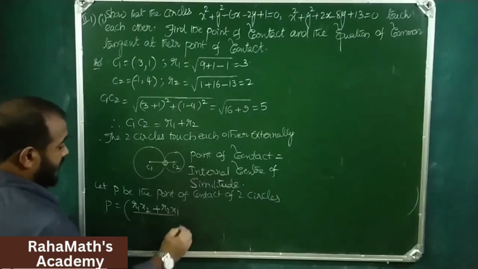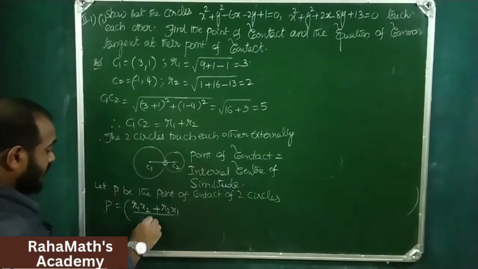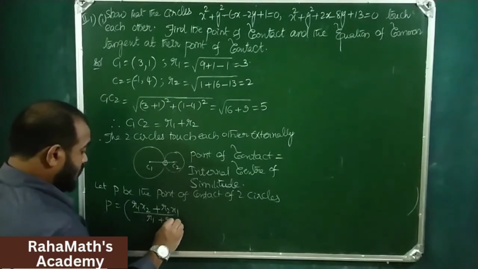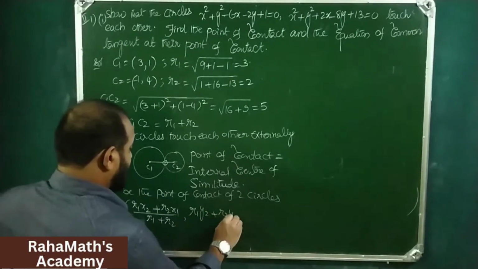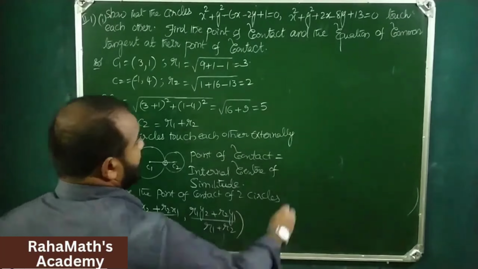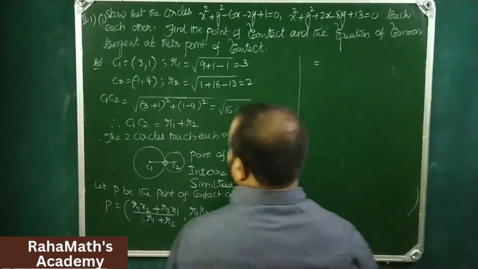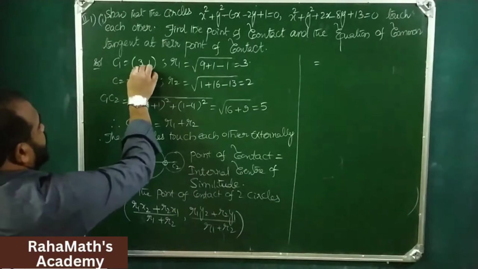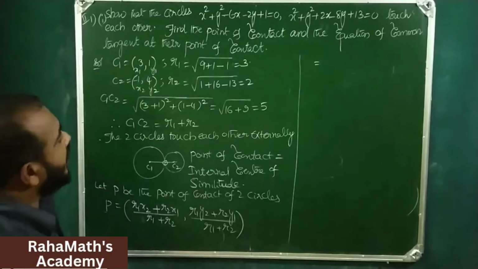External center of similitude is R1x2 minus R2x1 over R1 minus R2. So this is (x1, y1) and this is (x2, y2).